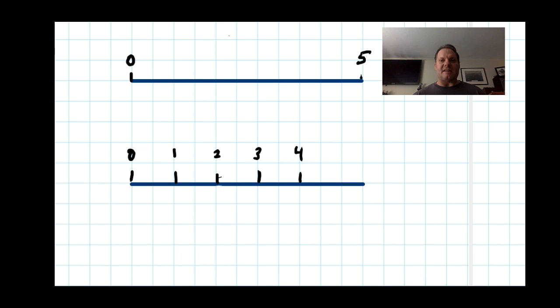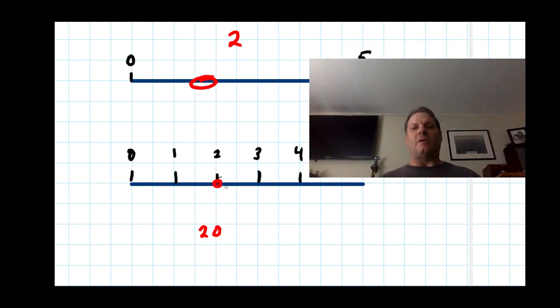When you say 2 to me, it's somewhere in this region. Somewhere around there is 2 to me. Now, if you say 2.0, I'm saying, oh, it's somewhere in this region to me. So the 2 has a much broader error than 2.0, which is smaller.